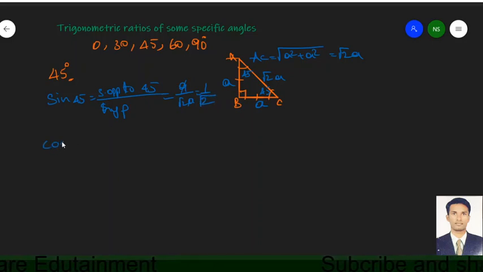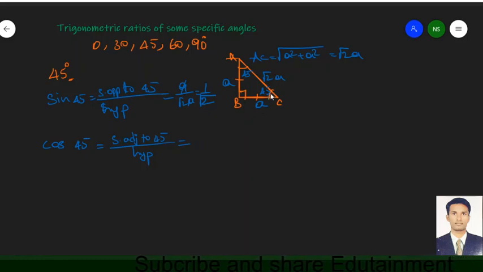Then cos 45: side adjacent to 45 divided by hypotenuse. If I take the angle here, the adjacent side is A and the hypotenuse is root 2A, so again we will get 1 by root 2.